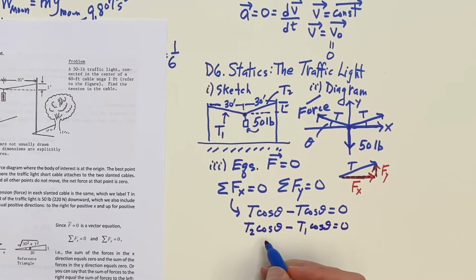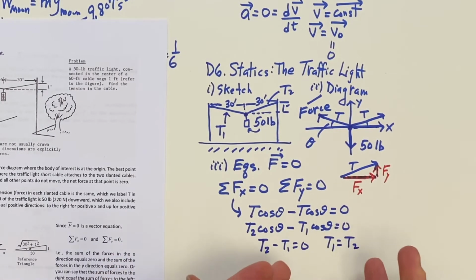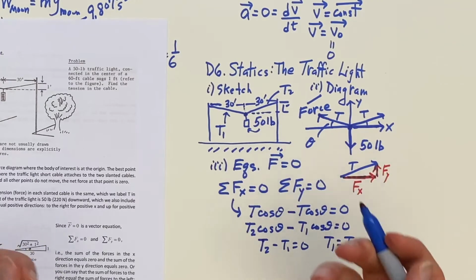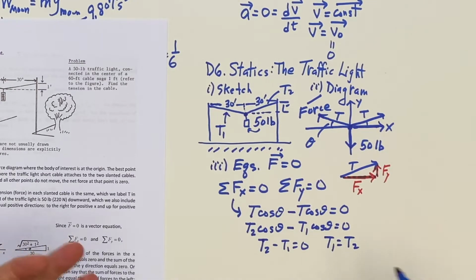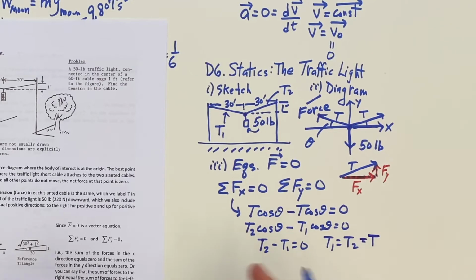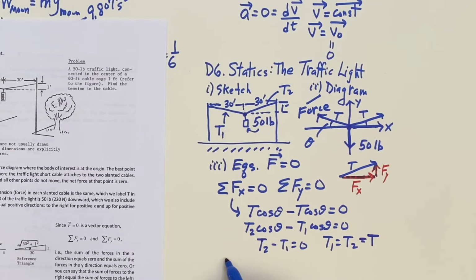And if you divide by the cosine theta, let's go ahead and do that and get T2 minus T1 equals 0, you would get T1 equals T2. So this equation is important. It tells you something. It's just that we were clever because of the symmetry. We saw the 30-30 on each side, and we just wrote down that these T's were equal to the same T.